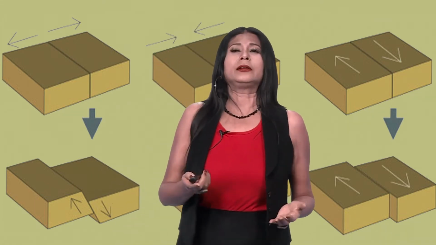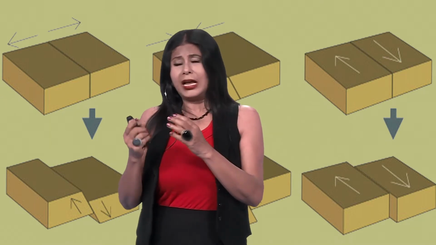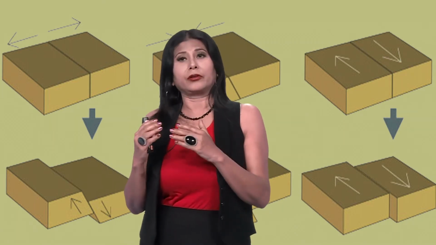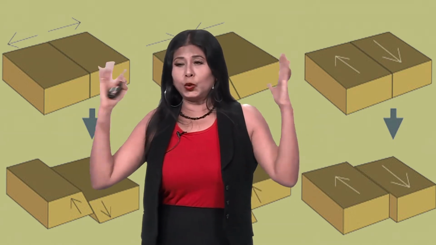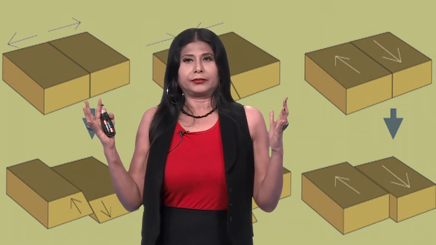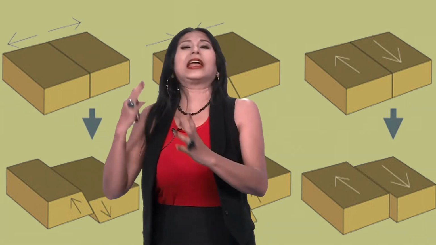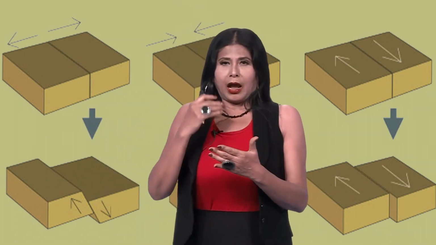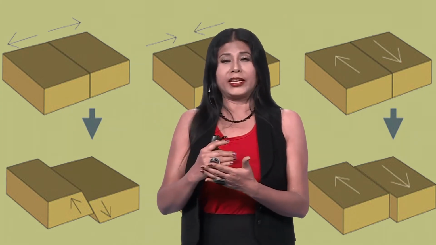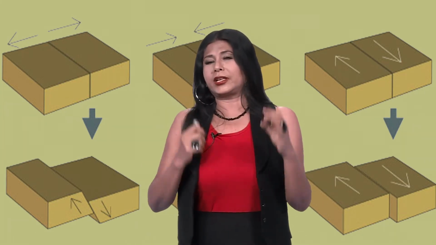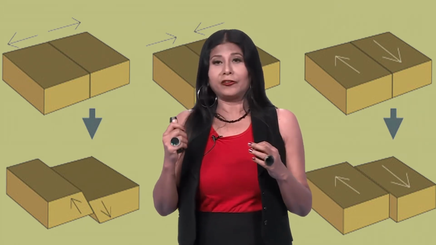In reality, we can see such features, and I would like to make a point here. It doesn't have to be on a very huge scale. It can be at the local scale, it can be at the big scale. Identification of them becomes a lot easier nowadays because we have satellite images and aerial photographs.